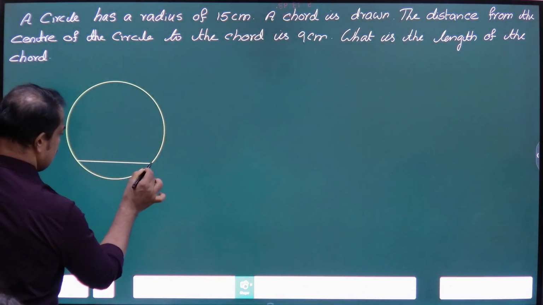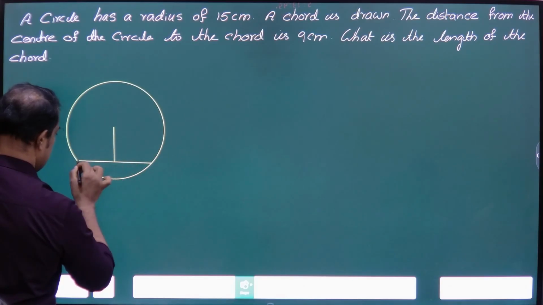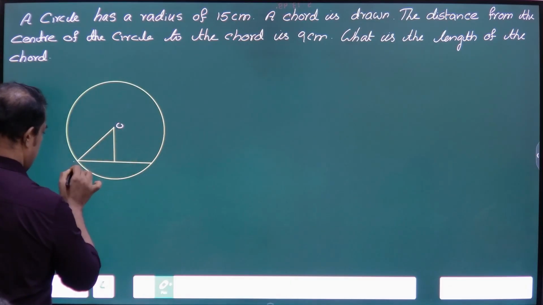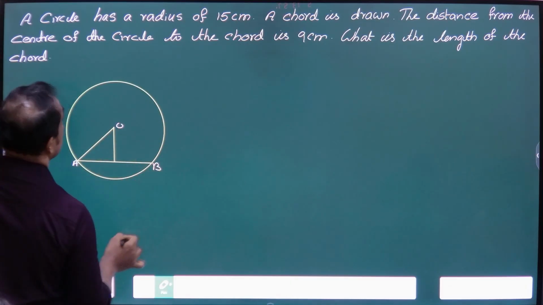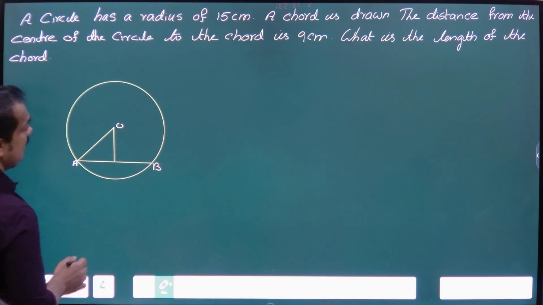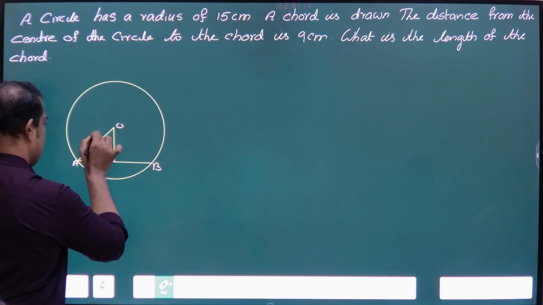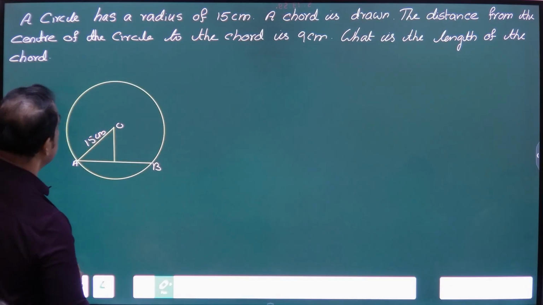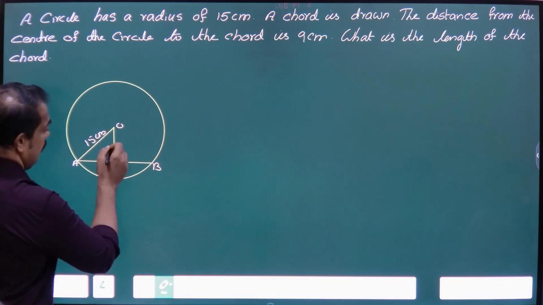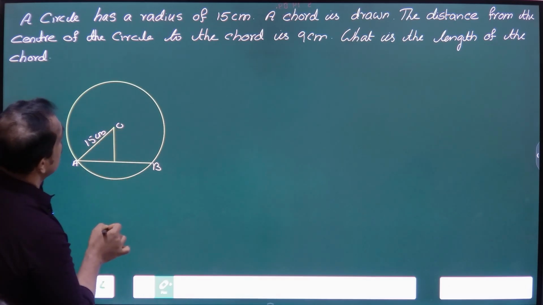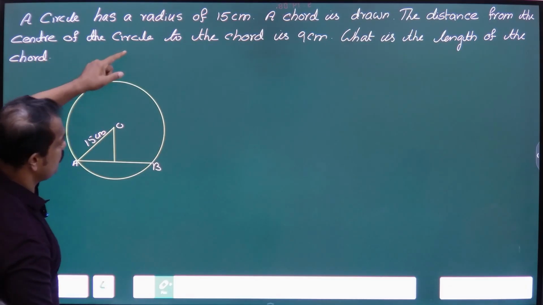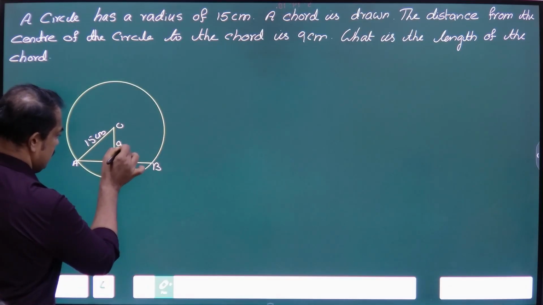Chord, distance from the center, radius. O, A, B. A circle has a radius 15 centimeter. The distance from the center of the circle to the chord, 9 centimeter.